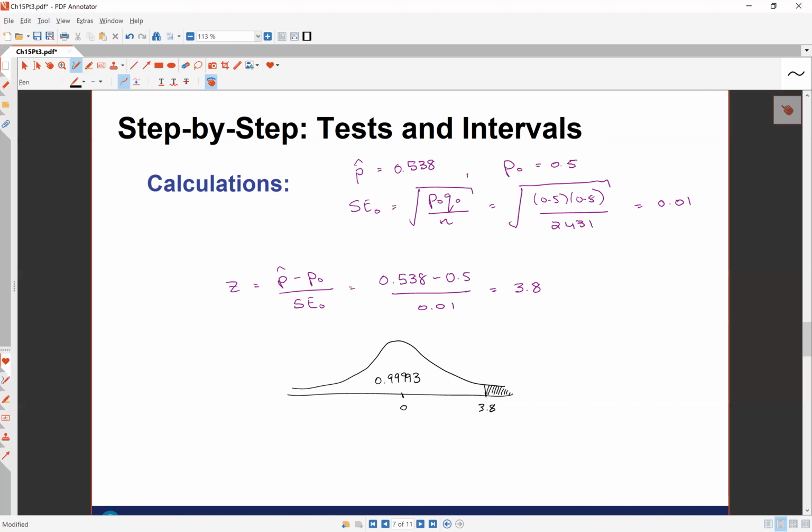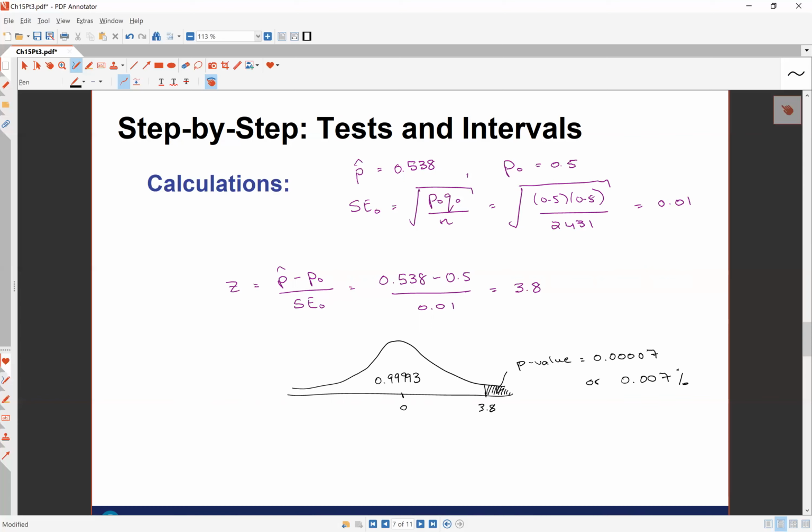And that ends up being 0.99993. So the p-value is 1 minus that number, which in this case is 0.00007, or even expressed as a percentage, it's 0.007%.